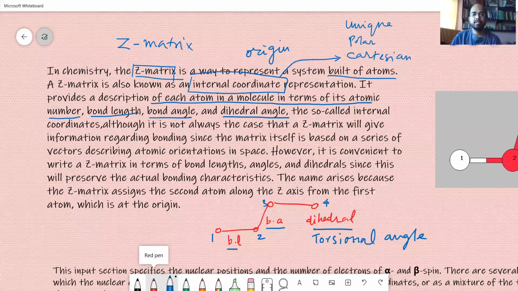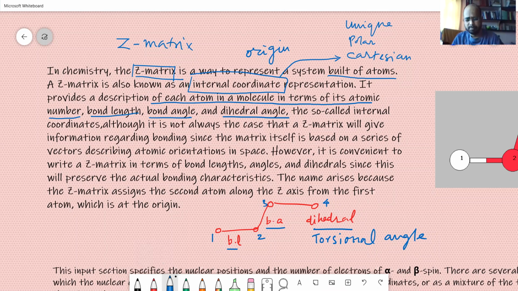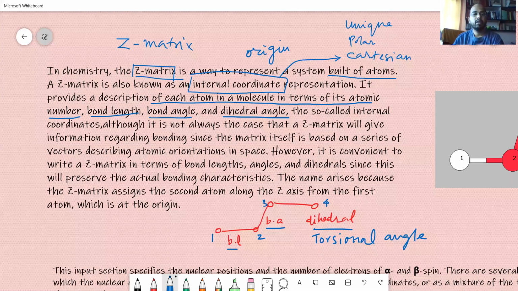In modern physics, we use torsional angle to describe the polarizability in Raman spectra and dipole moment in any IR measurements.